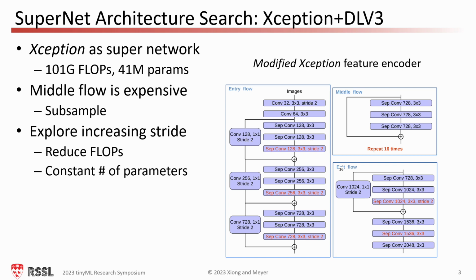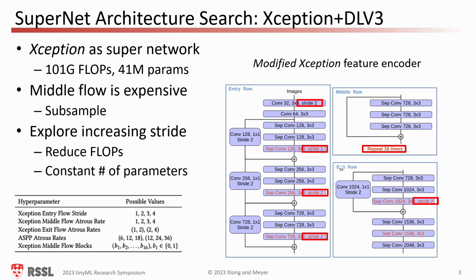Another way that we can modify the networks without having to do retraining, because we're not creating additional parameters, is just to change the stride. So our exploration for this network looked at increasing the stride in the depthwise separable convolutions and removing blocks from the middle flow, just to see what we can cut without hurting accuracy too much.